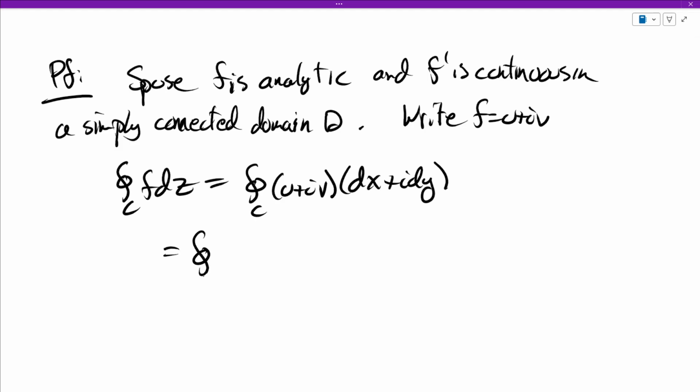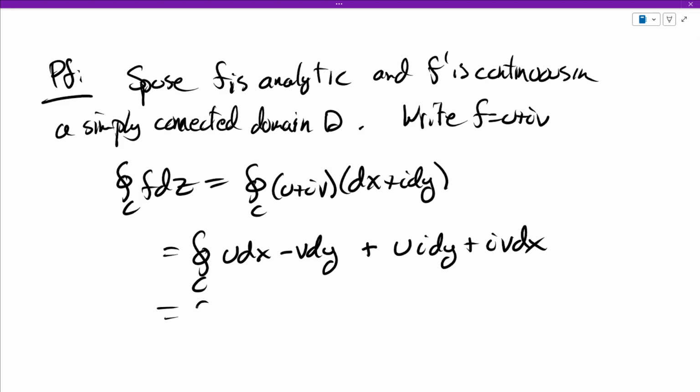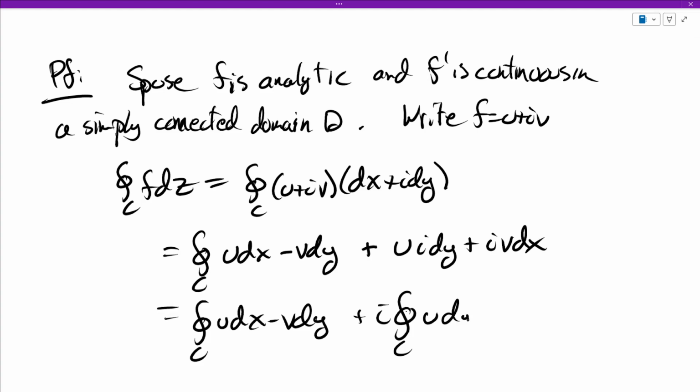So that's going to be the integral over C of, let's see, I think we're going to get u dx minus v dy plus u i dy plus iv dx, which we can break up because integration is linear, and also factor out the i, integral over C u dy plus v dx.